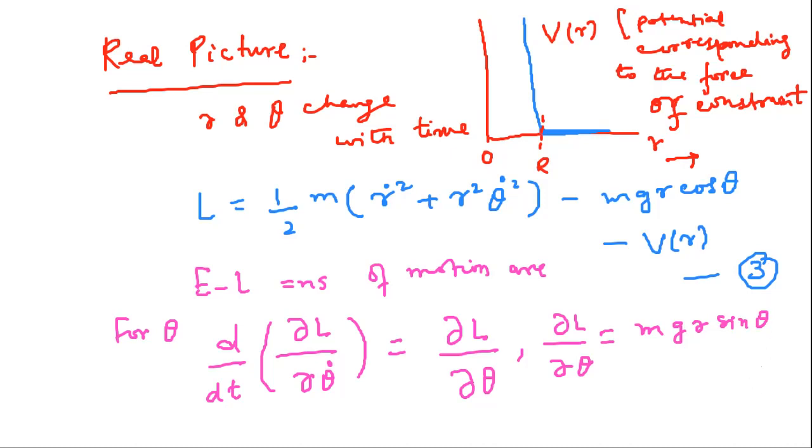So let us find dou L by dou theta dot. That is mr square theta dot, check it.